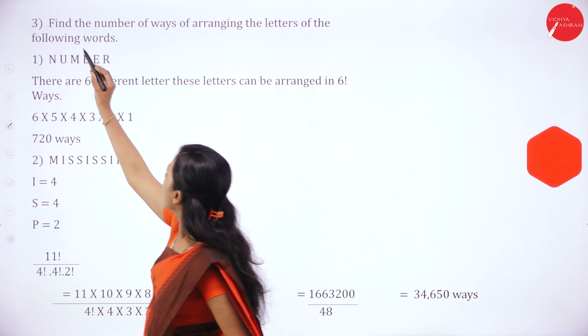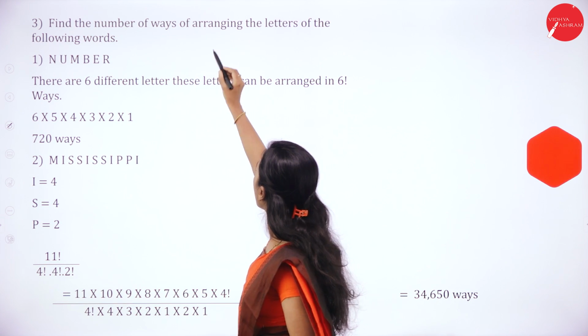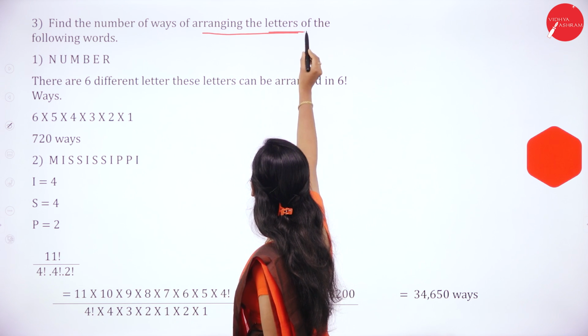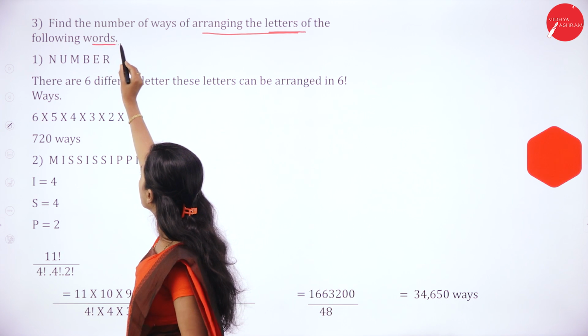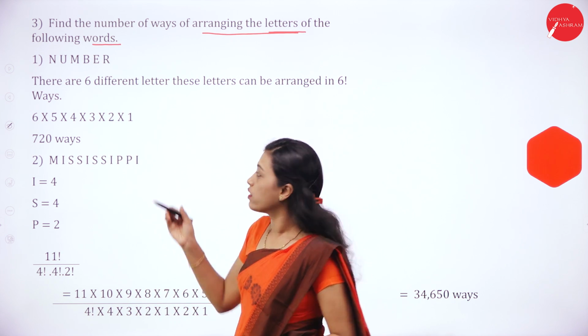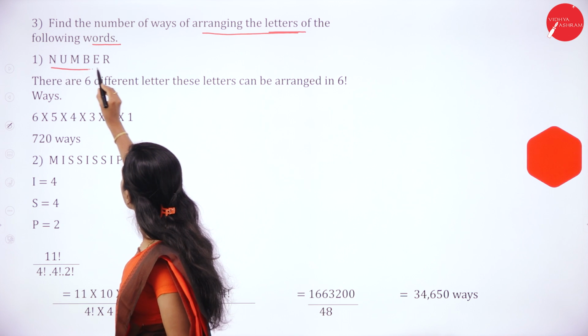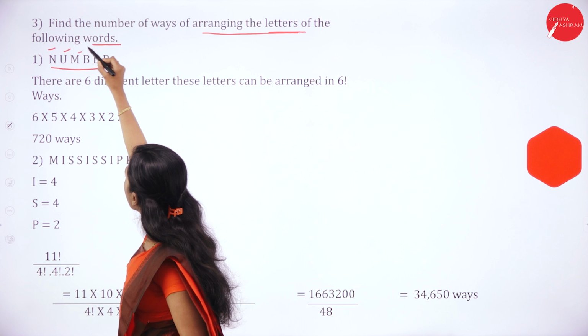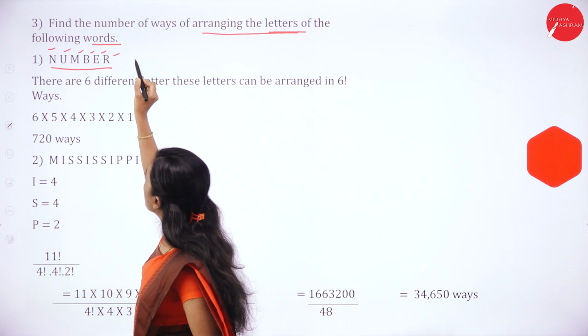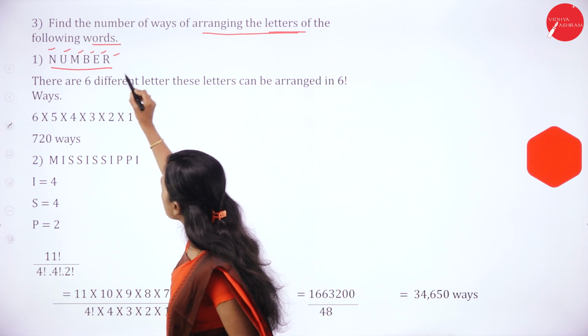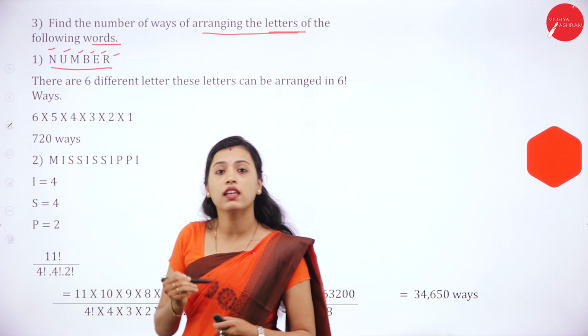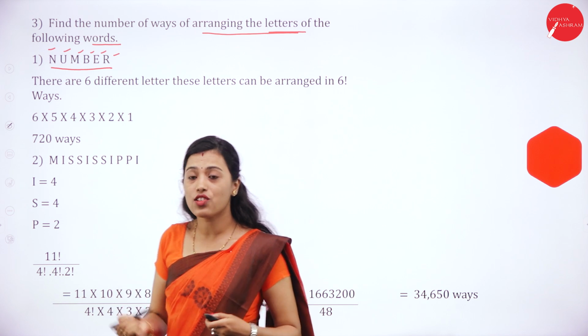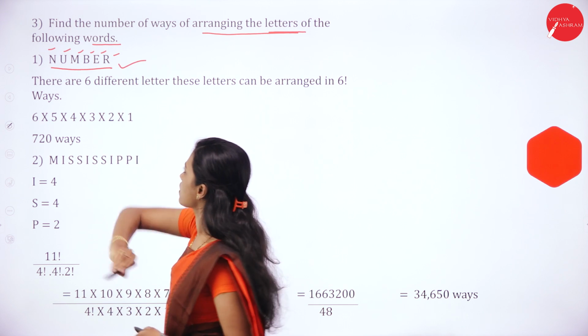Next question is, find the number of ways of arranging the letters of the following words. So here they have given letters, that is N, U, M, B, E, R. We have to arrange these letters. In how many ways we can arrange these letters?